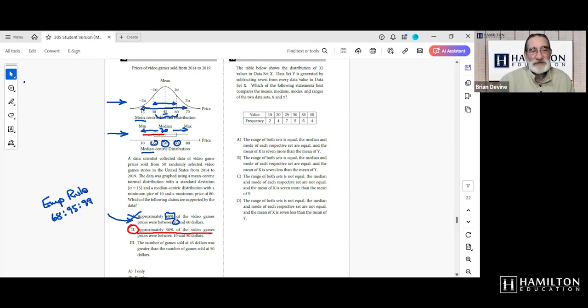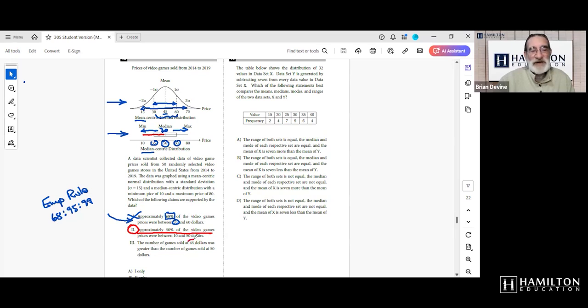We can infer that. For number three, the number of games sold at $45 was greater than the number of games sold at $50. Well, we can't necessarily say that.